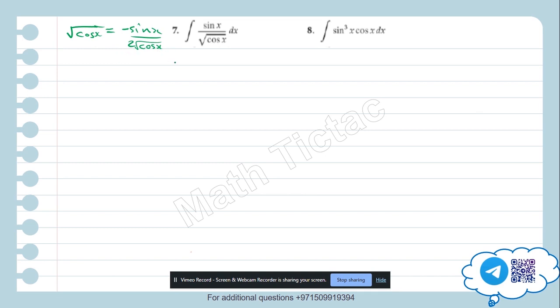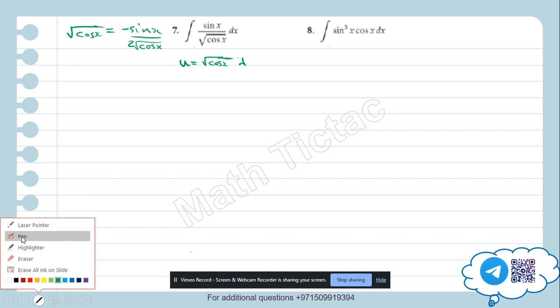So I will say u equals square root of cosine x. After writing the derivative, I will write dx.